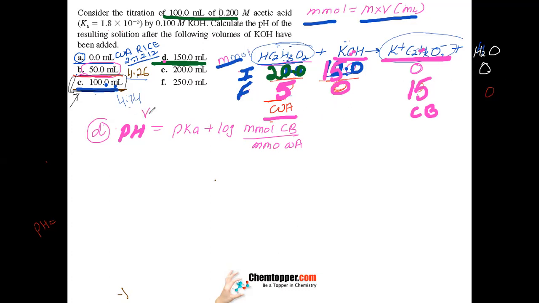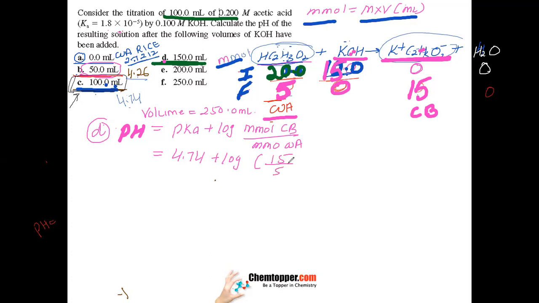What's the total volume at the D point, children? Total volume of the solution at the D point is 100 plus 150, 250 ml, right? Plug in the values. What is pKa? You remember we calculated 4.74. It's still the same. Plus log conjugate base. How much? 15. Weak acid.